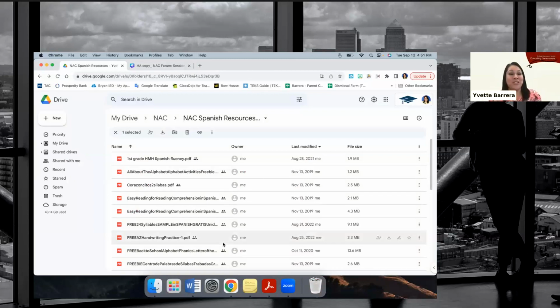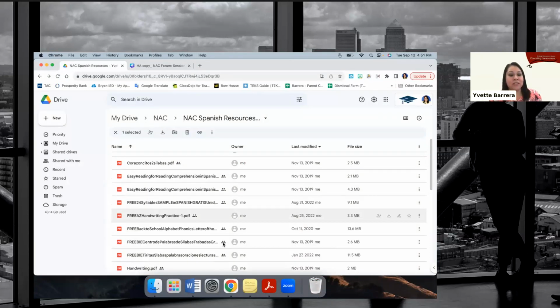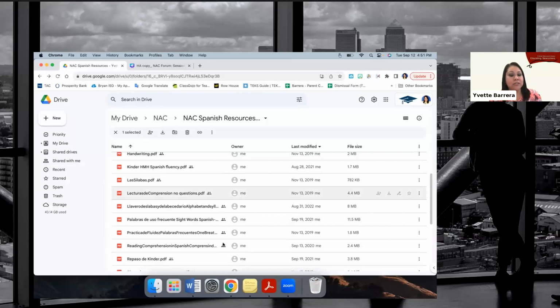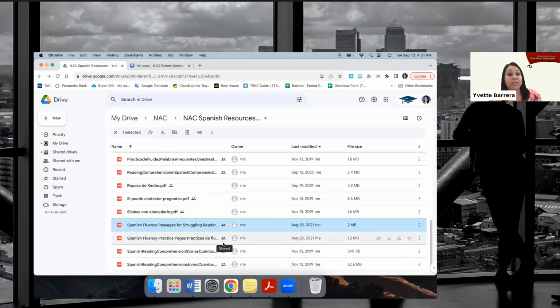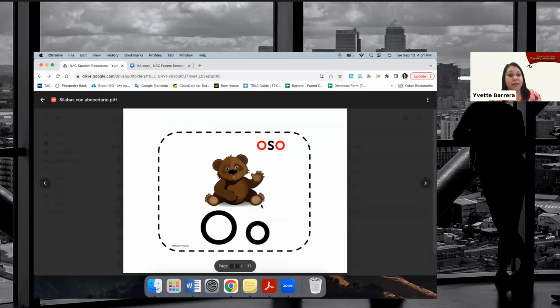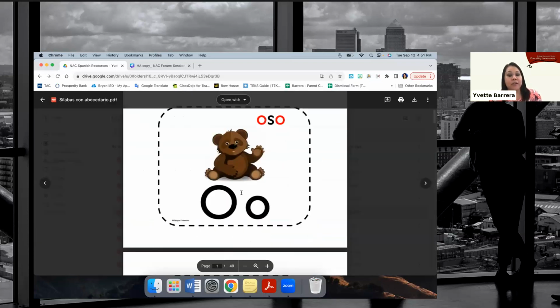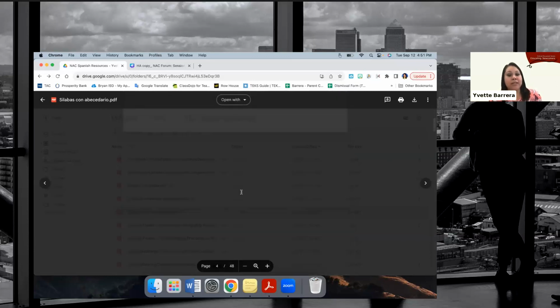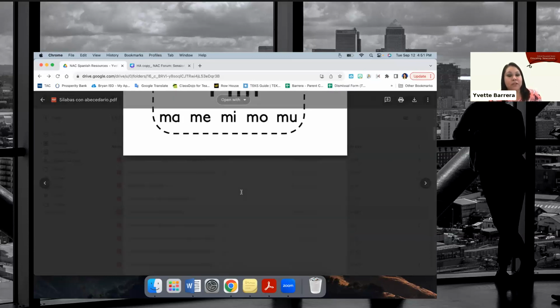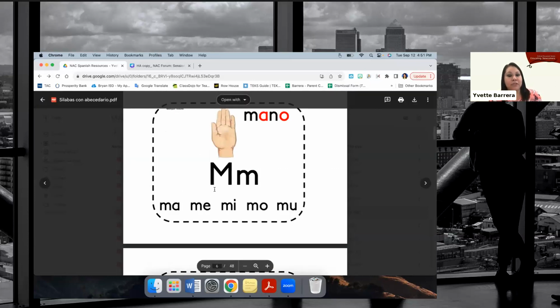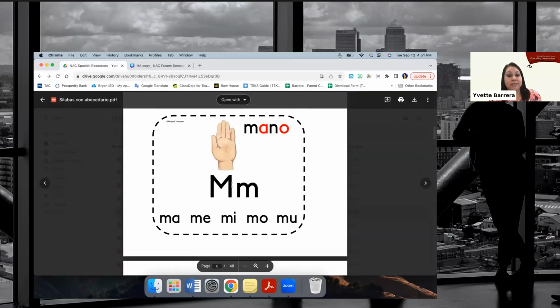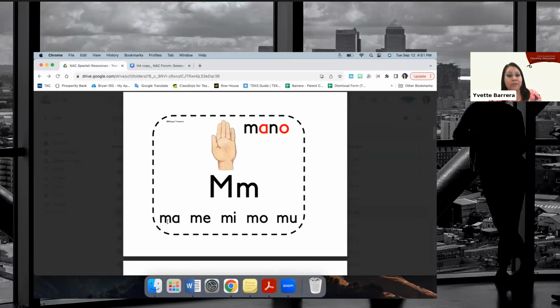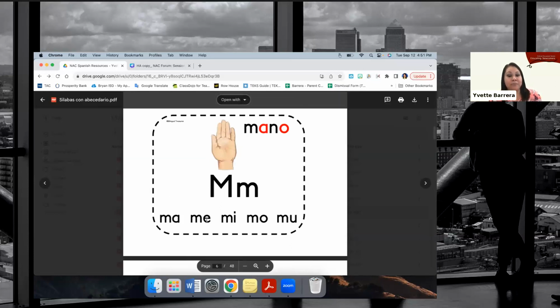Thank you so much. These are the top 25 resources that I use on where do you begin? How do you begin with students that don't know how to read or write? This is the resource that I love to send home and use, because these little cards, here we go, it was in my first couple of slides, have the letter, the photo, and then the syllables.